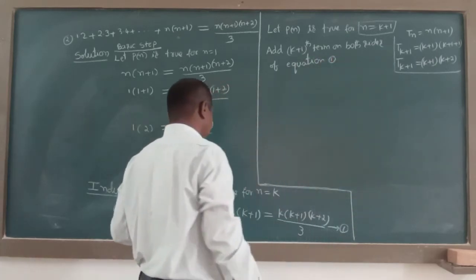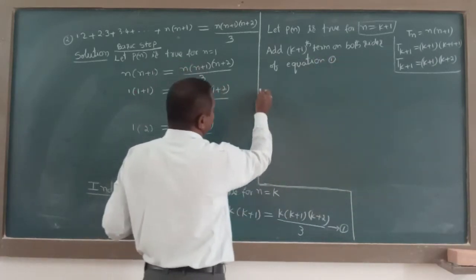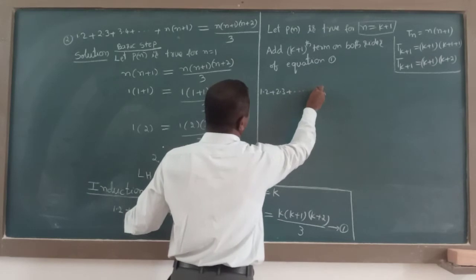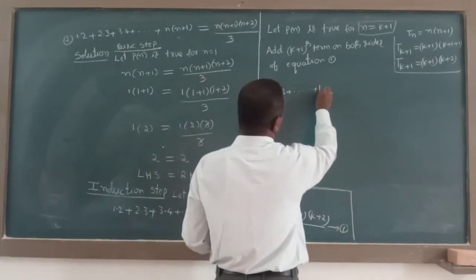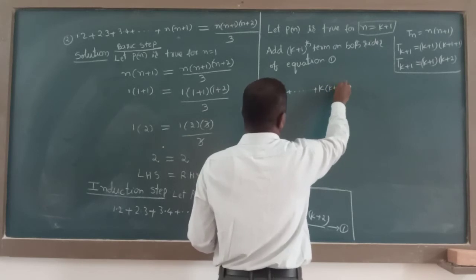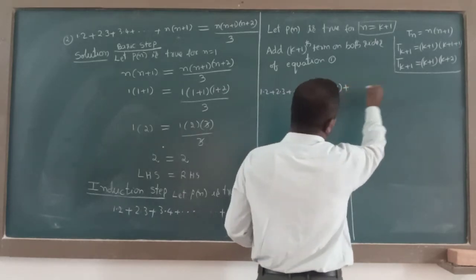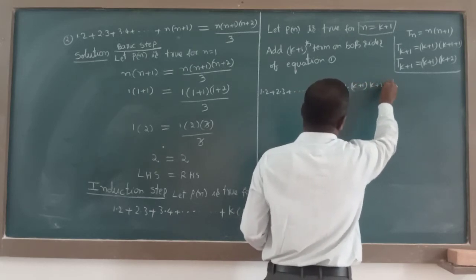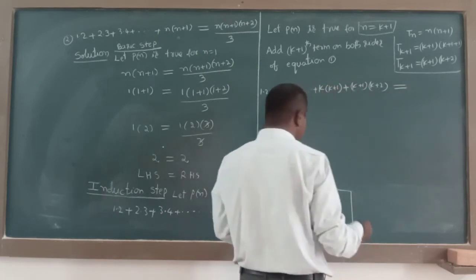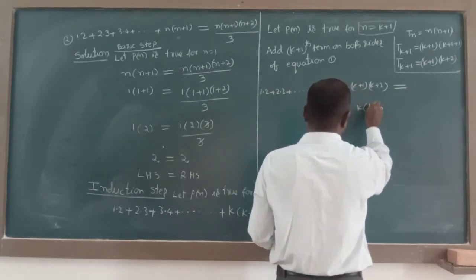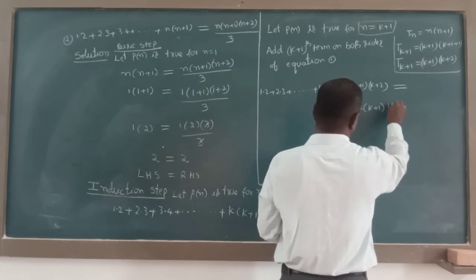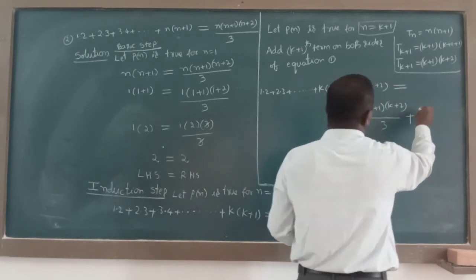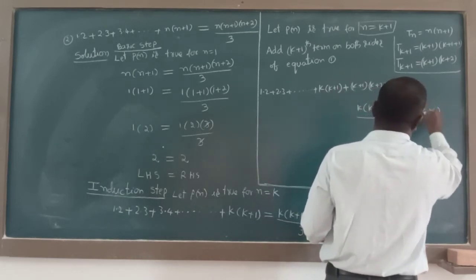So here, 1 into 2 plus 2 into 3 and so on, plus k into k plus 1, plus the k plus 1 term, k plus 1 into k plus 2, is equal to, what is the RHS part? k into k plus 1 into k plus 2, whole divided by 3, plus k plus 1 into k plus 2.